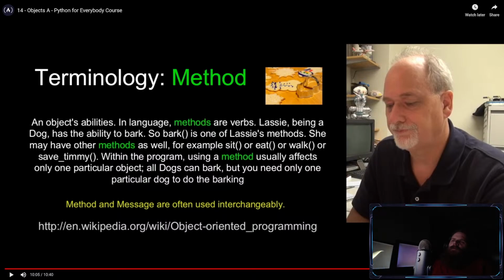That's the confusing part, one particular dog. All dogs can bark, but you need only one particular dog to do the barking. Okay. So, like, you only need one to bark?